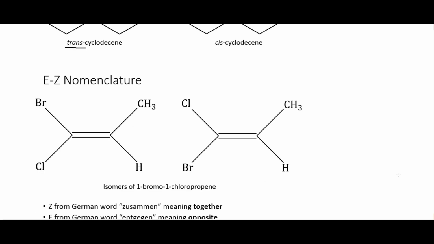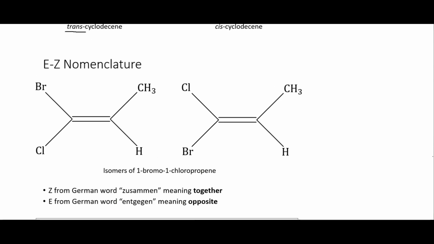But then there is the problem of what happens if we have multiple priority groups on here. So I've been using that word priority, but here I'm going to be defining what I mean by priority. And so we're going to use what's called the EZ nomenclature. So the E and Z come from the German words, and I'll probably butcher the pronunciations, zusammen and entgegen, where Z means together, and E means opposite.